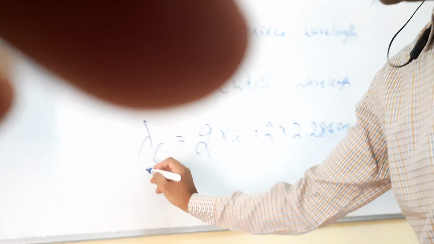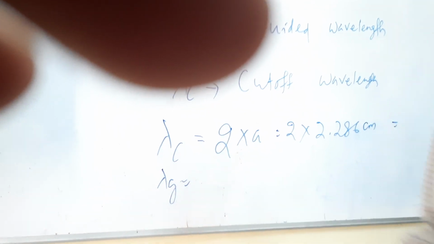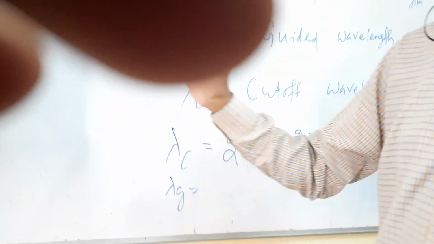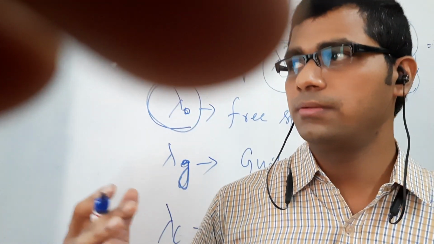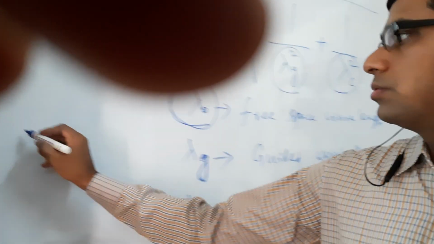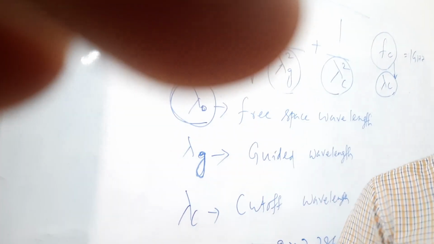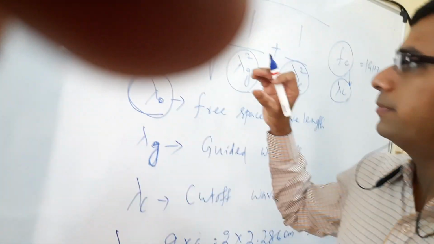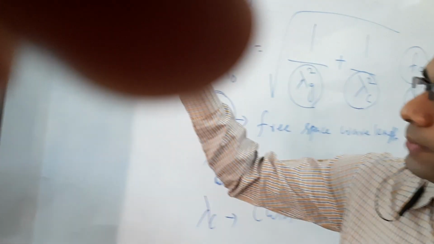You can calculate lambda c, and lambda g is the distance between two successive maxima or two successive minima. In the microwave test bench, I will show you, one maxima will come, then minima will come, again another maxima will come.